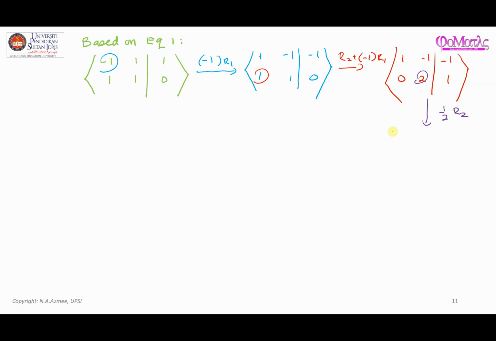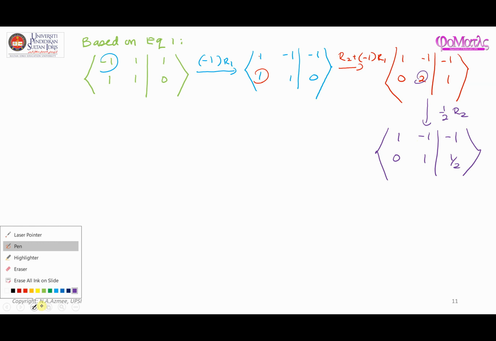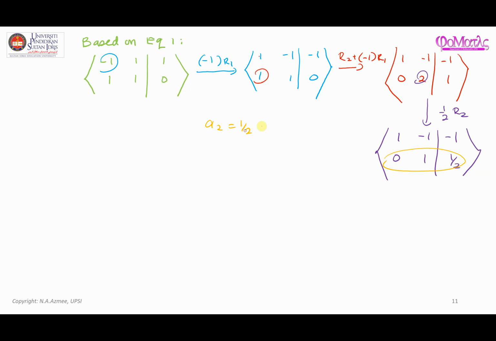So you have 1, negative 1, negative 1; 0, 1, 1 over 2. Based on that, you can see that here is the value of a2. So a2 is 1 over 2. Then this one here is a1 minus a2, negative 1. So a1 is negative 1 plus a2, negative 1 plus 1 over 2, which is just negative 1 over 2. So this is the value of a1.